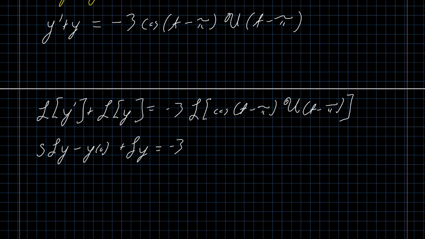And using the tools that we just developed, the Laplace transform of cosine of t minus pi times u of t minus pi is going to be e to the minus pi times s times the Laplace transform of cosine of t.